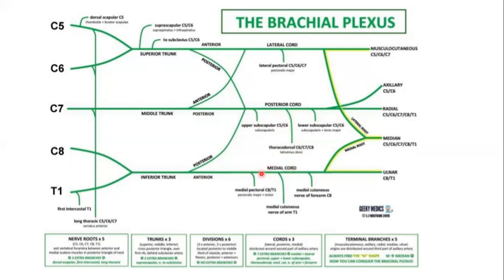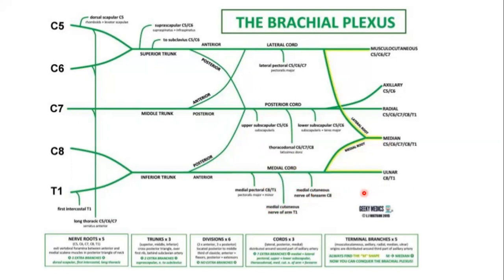Then from the medial cord, we have got 5 branches, namely the medial pectoral nerve, medial cutaneous nerve of the arm, medial cutaneous nerve of the forearm, medial root to the median nerve, and the last one is the ulnar nerve.